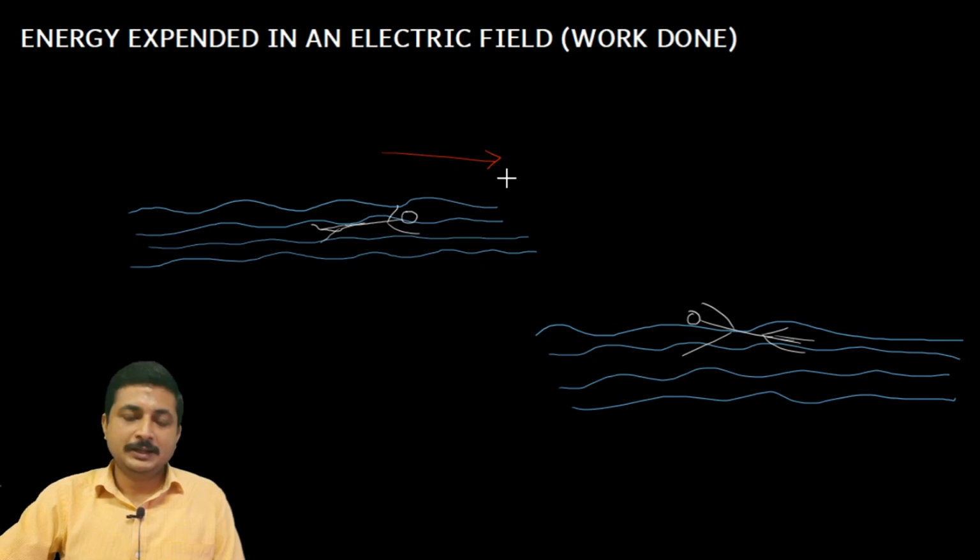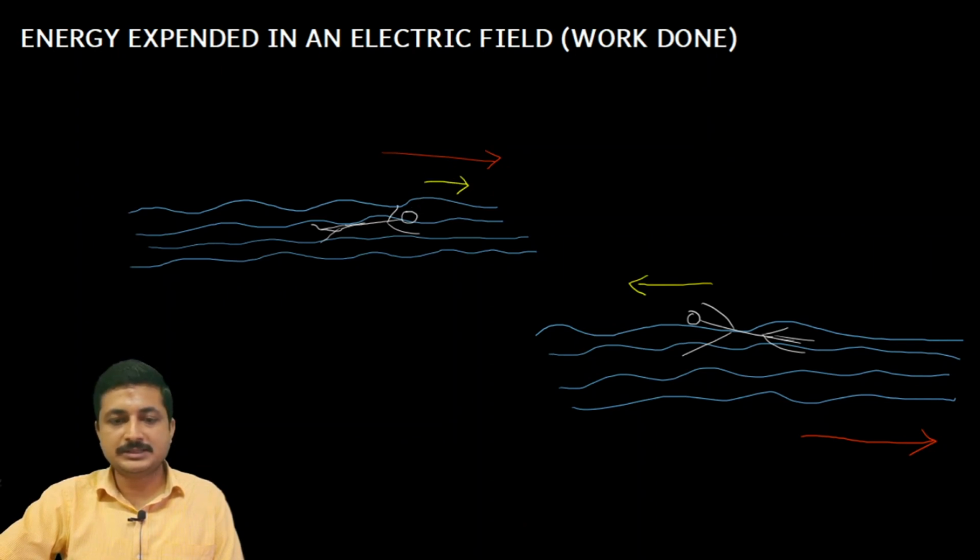Agree? Coming to the second case, here also the direction of the river is from left to right, but the direction in which you are swimming is from right to left. So here the swimming direction, which I indicate by the yellow arrow, is exactly opposite to the flow of the river.